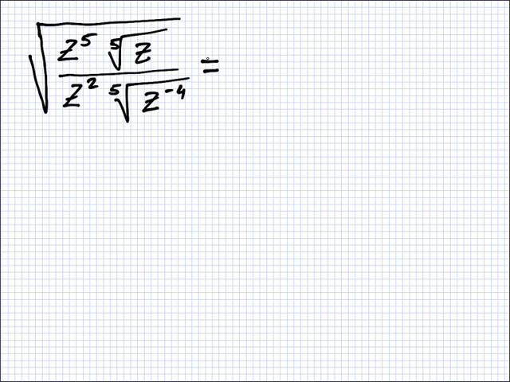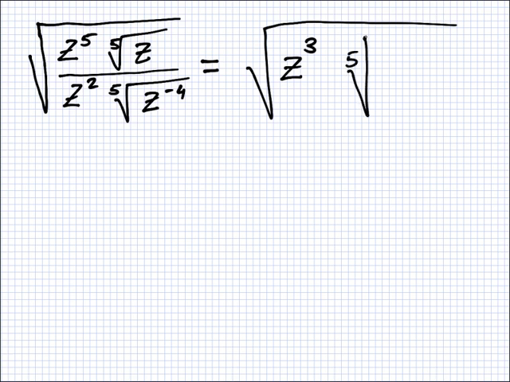Got it? Yeah. Now, what I'll do first, I'll say z to the 5 over z squared is z cubed. And because these are both fifth roots, I can put them as one single fifth root. And this would be z power 1 over z power minus 4. Now, I'm only allowed to do that because they're both fifth roots.